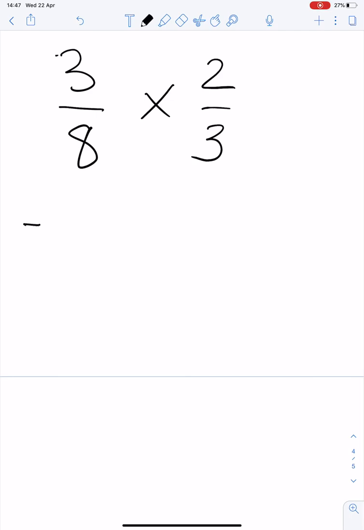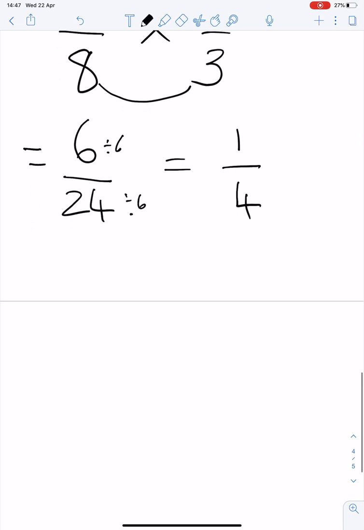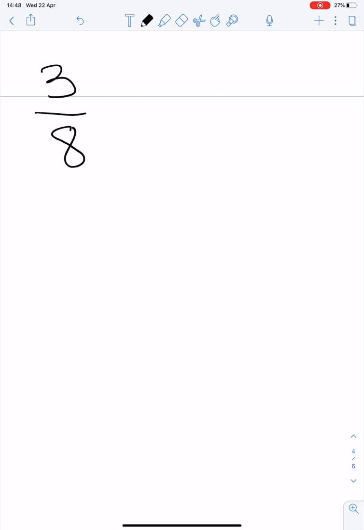We can just go ahead and multiply our numerators and multiply our denominators and simplify that by dividing top and bottom by 6, and we will get a quarter. I'm going to show you another way of doing this. It might seem unnecessary with such a simple sum, but when you get more complicated numbers, I think you will use it quite a lot. So let's try this one again.